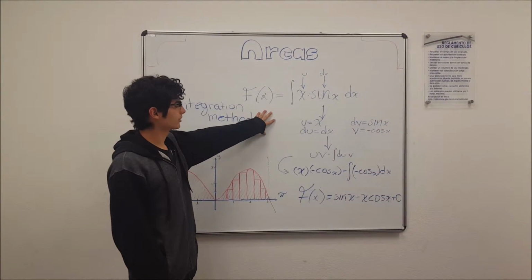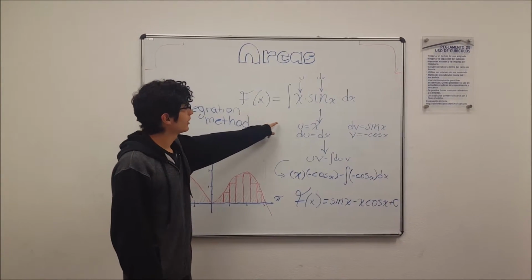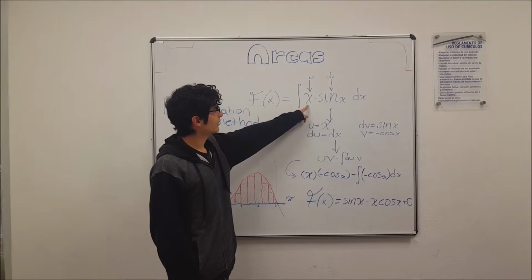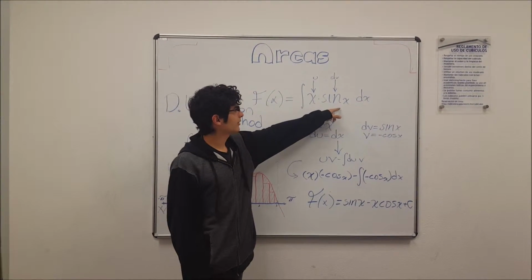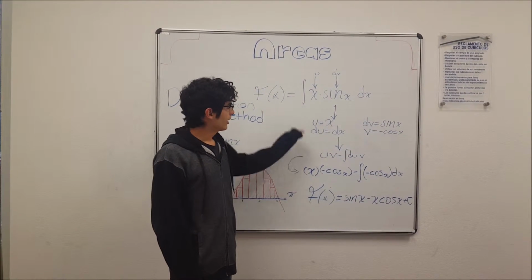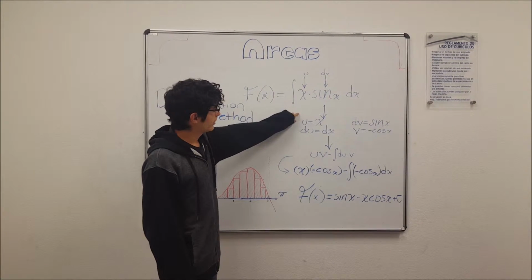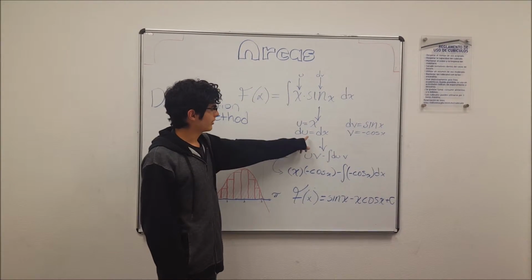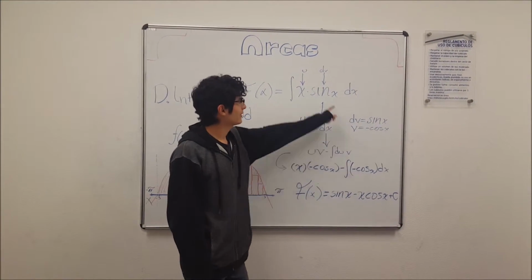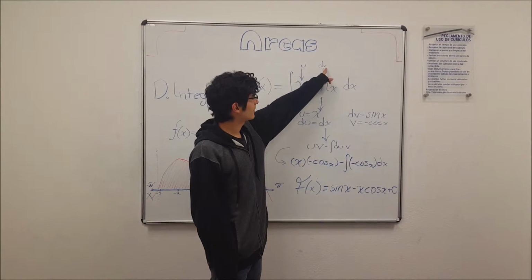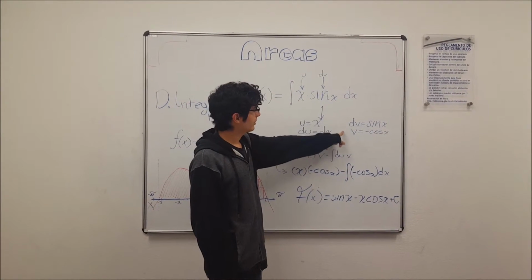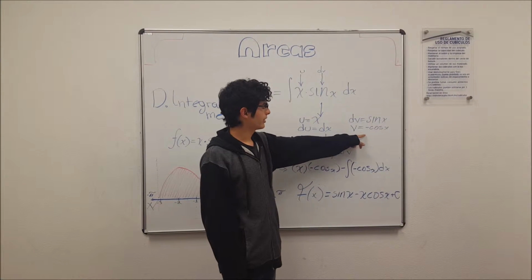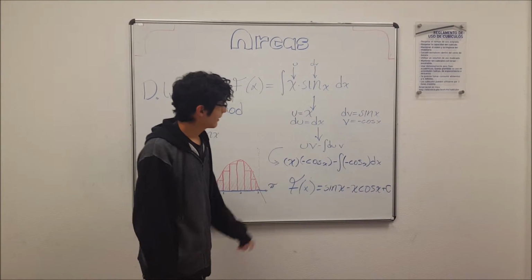We have to calculate the antiderivative, and we designate x as u and sine of x as dv. We already have u, whose derivative is du equals dx, and sine of x is dv. The integral will be v, which is minus cosine of x.